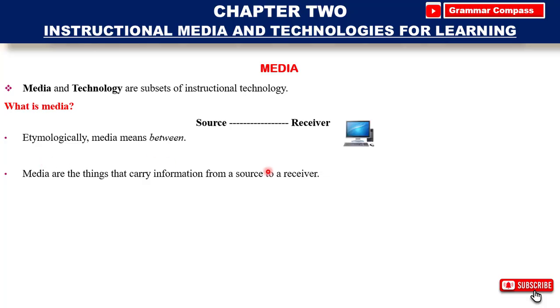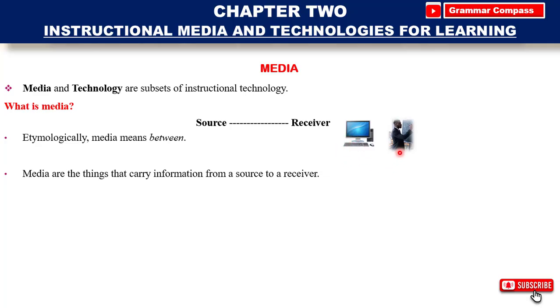So for example, computer is an example of media because it gives the user information in the form of text, pictures, videos, and many more. Also, a teacher in the classroom is an example of media. This means when we talk about media, we are not only talking about technological gadgets.